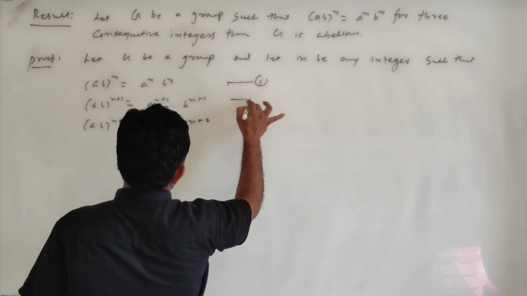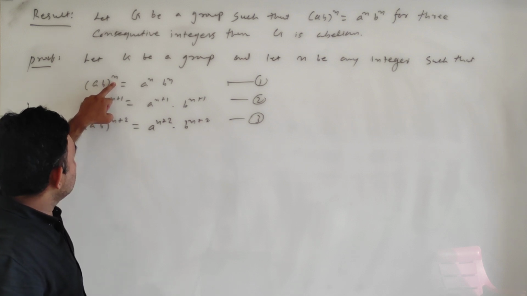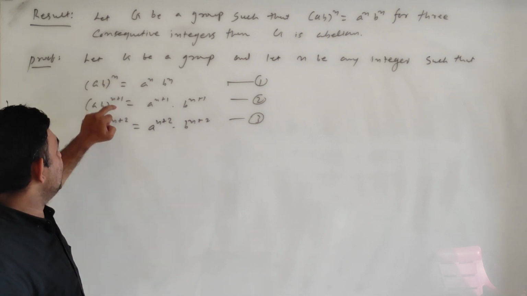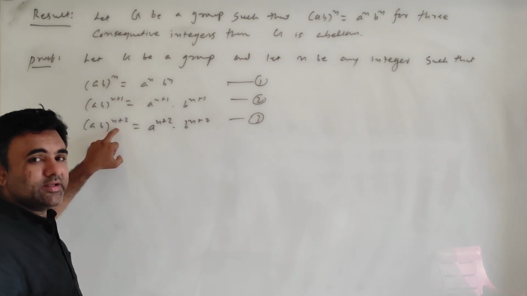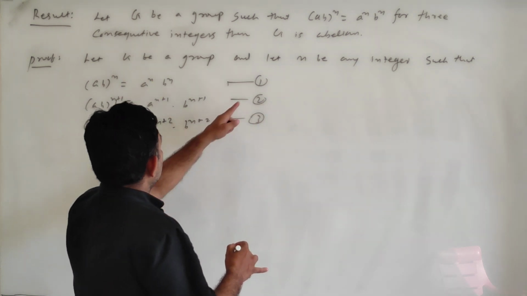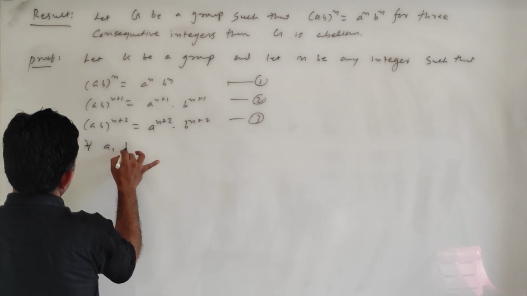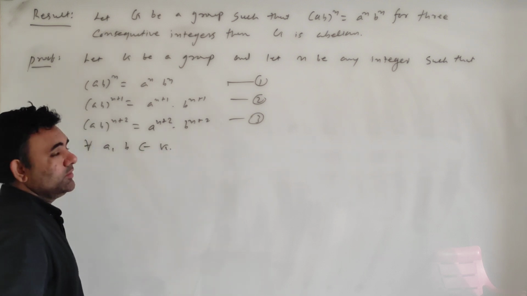Say these are results number 1, 2 and 3. So for 3 consecutive integers, n, then the next integer is n plus 1, and the next integer is n plus 2, and n is any integer, and this is true for all a, b belongs to G.